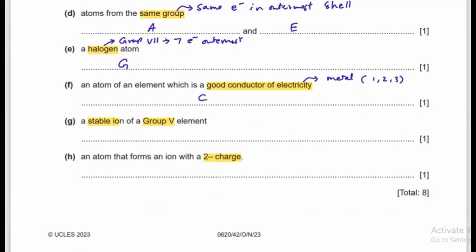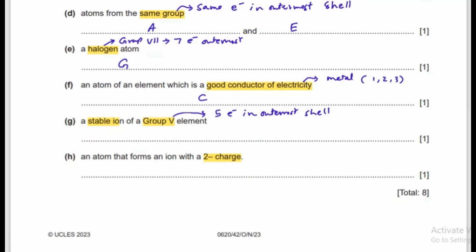A stable ion of a group 5 element. The group 5 elements have 5 electrons in the outermost shell. And if they gain electrons, they can form a stable ion.